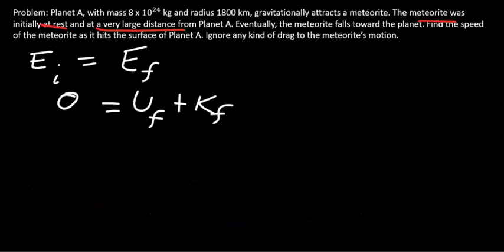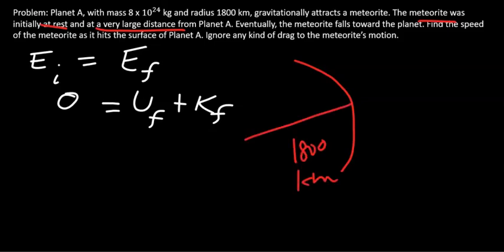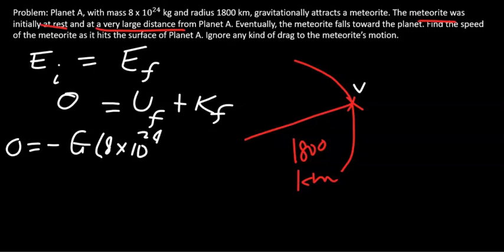So the left-hand side is 0. The final state is that's the planet with radius 1800 kilometers. The meteorite is hitting the surface of that planet with some speed v. So gravitational potential energy of the system is minus the universal gravitational constant times the product of these two bodies. First, the mass of the planet, 8 times 10 to the power 24 kg.